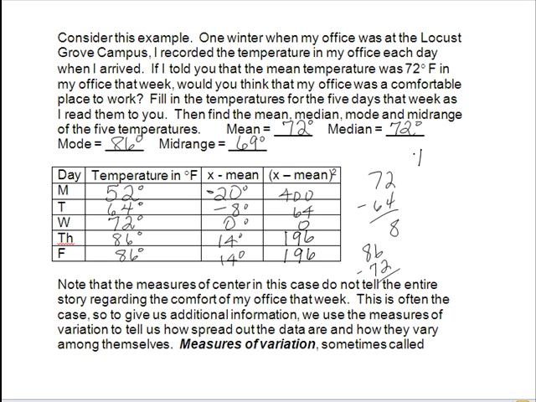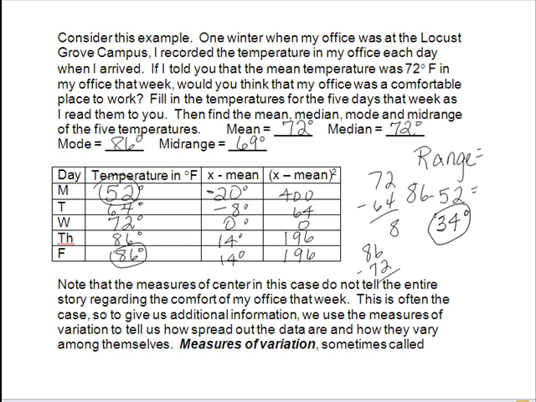You take the high value minus the low value, so I'm going to take 86 minus 52, and that gives me 34 degrees. So there was a range of 34 degrees during the week, which when you're working in an inside office would be quite a bit. So that would give you a little bit of an idea that I was uncomfortable that week.